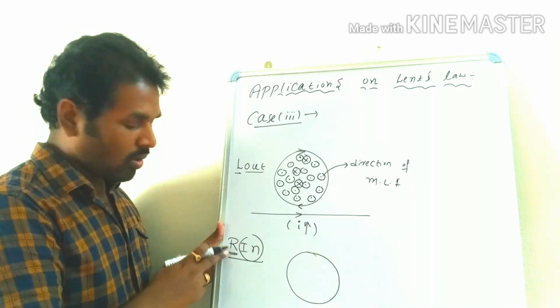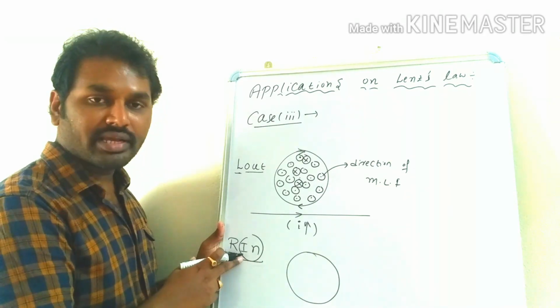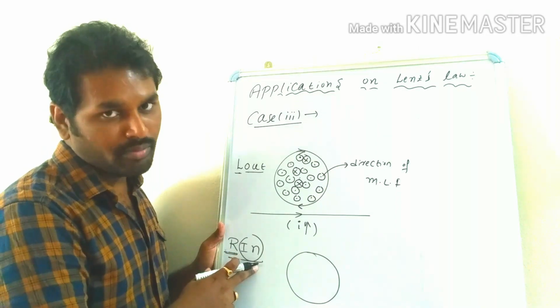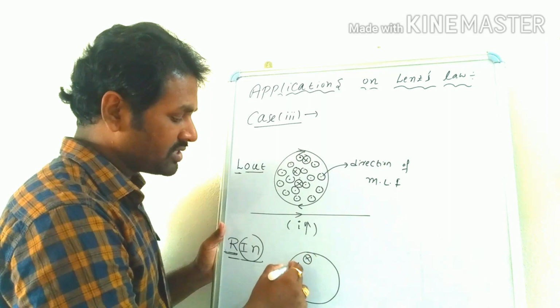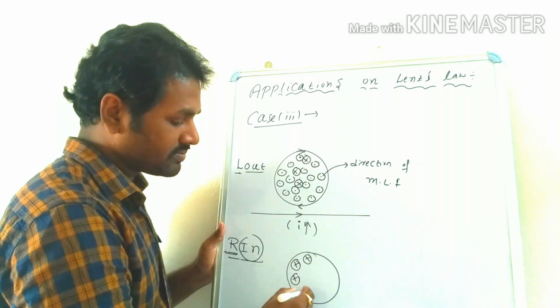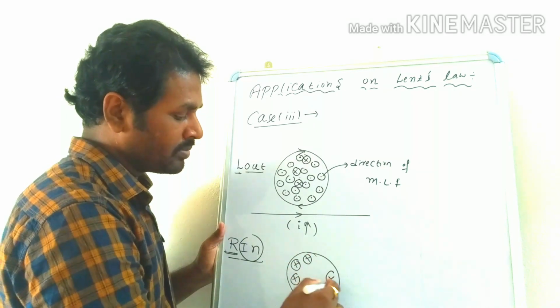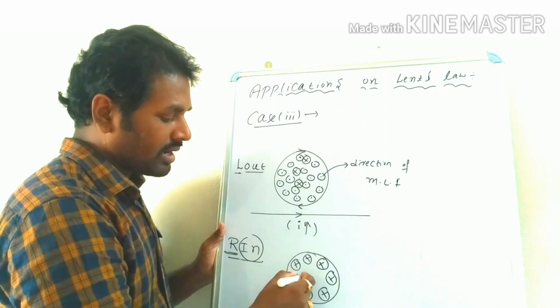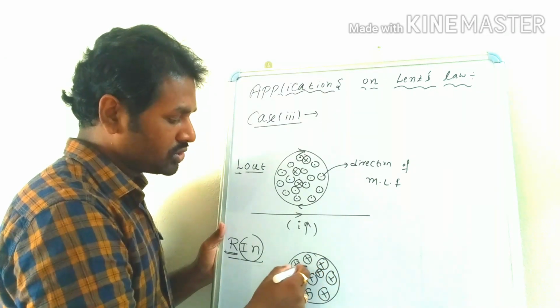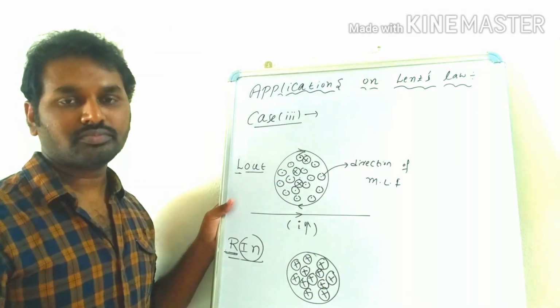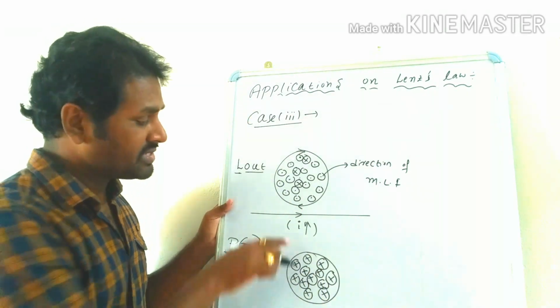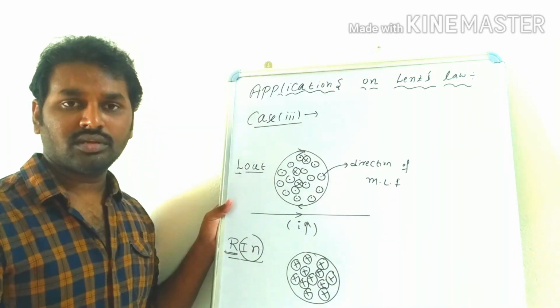Then we have a rule: on the right side, the magnetic lines of force are into the board. So into the board, you can use the symbol cross. In this manner you can take the magnetic lines of force due to the current carrying conductor into the board, which is increasing due to the increase in current.